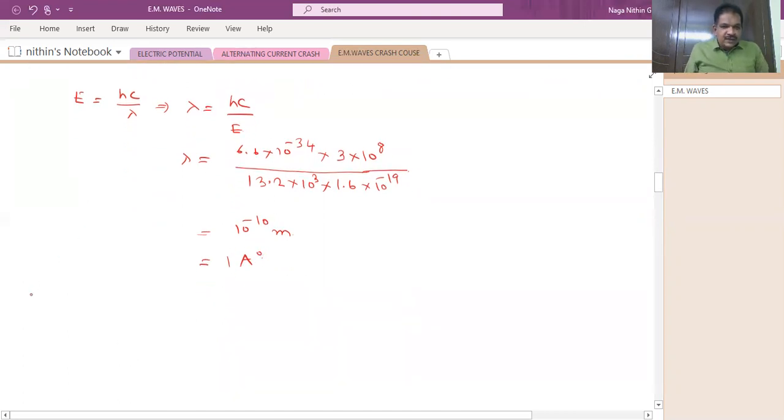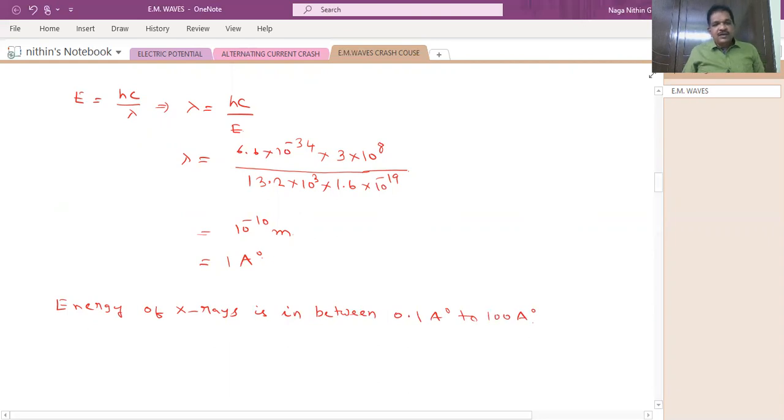The wavelength of X-rays is in between 0.1 angstrom unit to 100 angstrom unit.